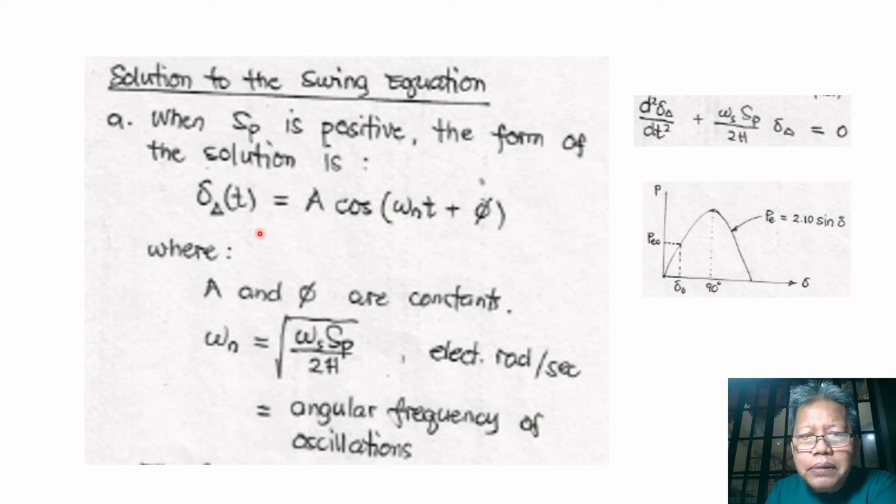Our curve therefore is just a cosine function. We are familiar with the cosine function, something like this, with a certain amplitude, with angular frequency omega n, and with this initial displacement angle phi.